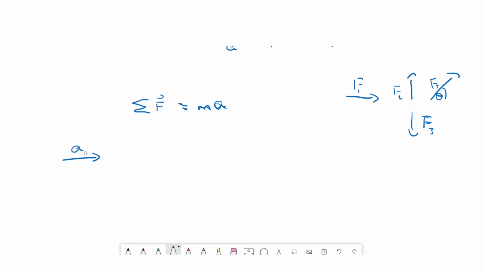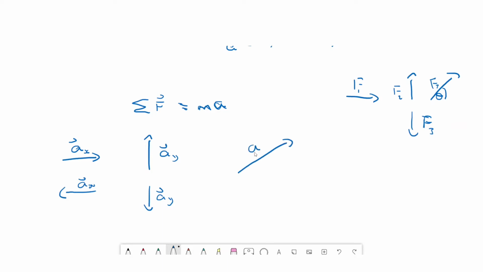So the acceleration is in the x direction if that's the case. If your object moves up, then the acceleration is in the y direction. If your object is moving towards the left, it's still in the x direction. If it's moving down, it's still in the y direction. But now you can also have a case whereby your object is accelerating this way.